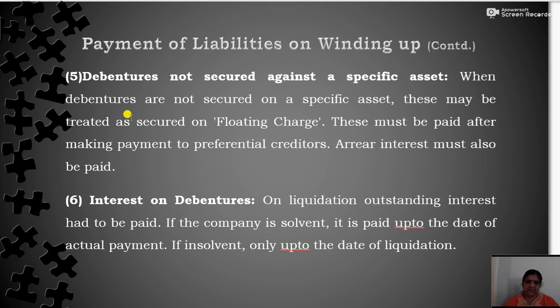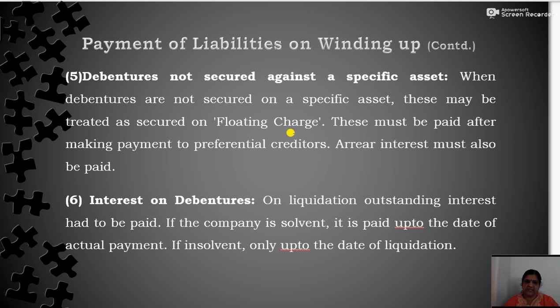In case it is secured on a specific asset, then there will be a specific charge. But in case there is no security specifically entrusted, then there may be a charge called floating charge. So these may be treated as secured on floating charge.